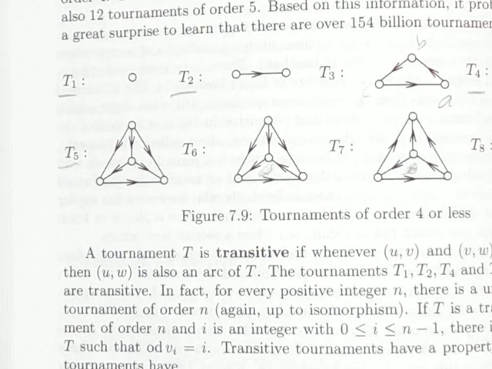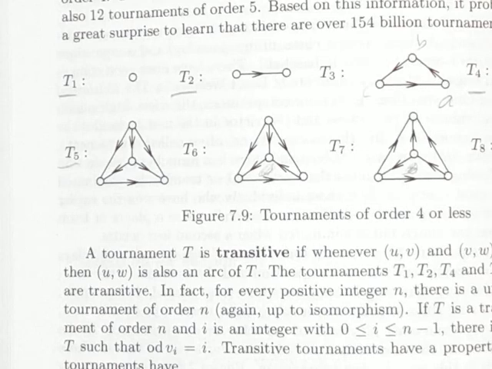Hey, wait a second. There's a dot in each of T6 and T7. Look at those 3 vertices, the vertices surrounding the dot. What do you see?